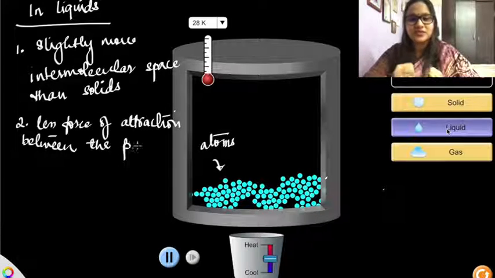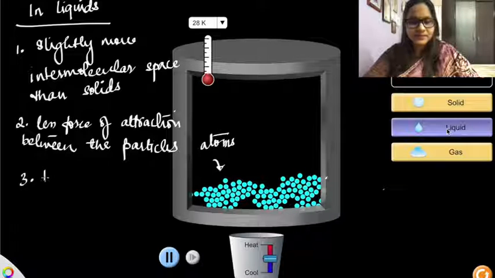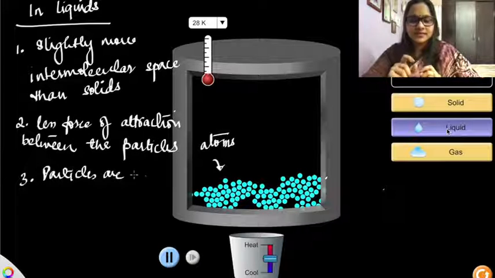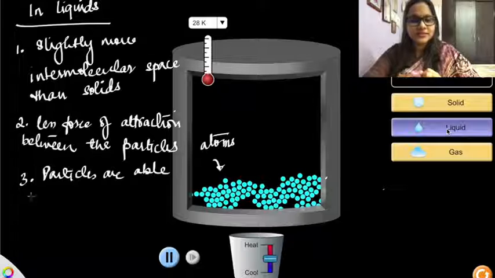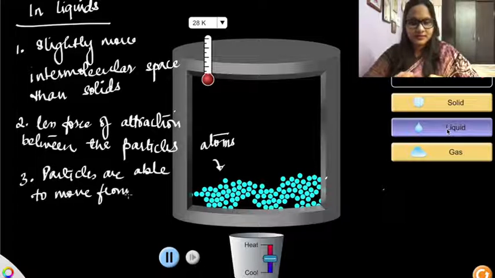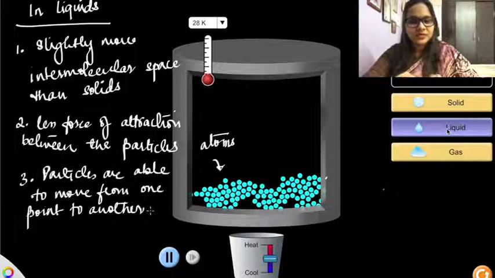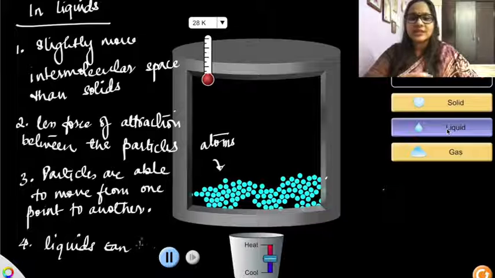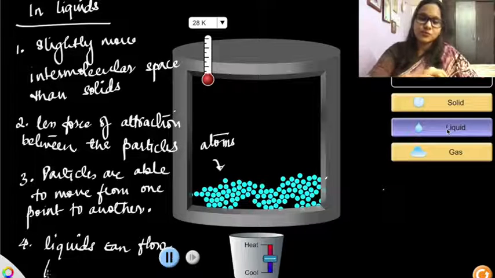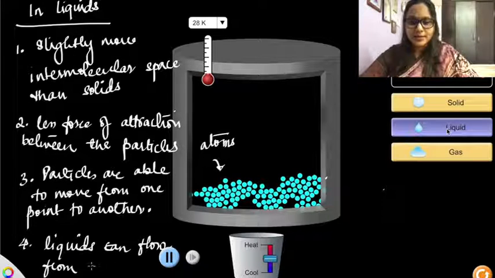This small distance allows the particles to slide over one another and therefore move from one point to another.